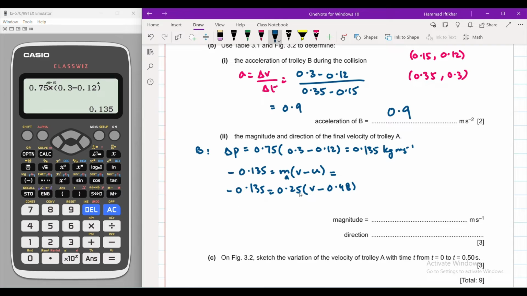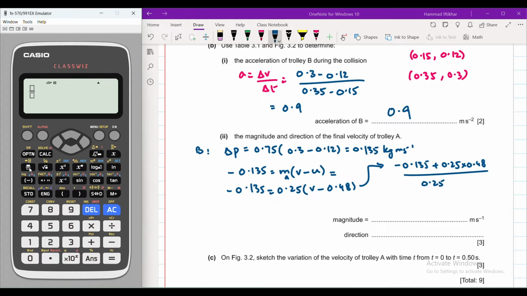So by solving this, we get minus 0.135 plus 0.25 times 0.48 divided by 0.25.